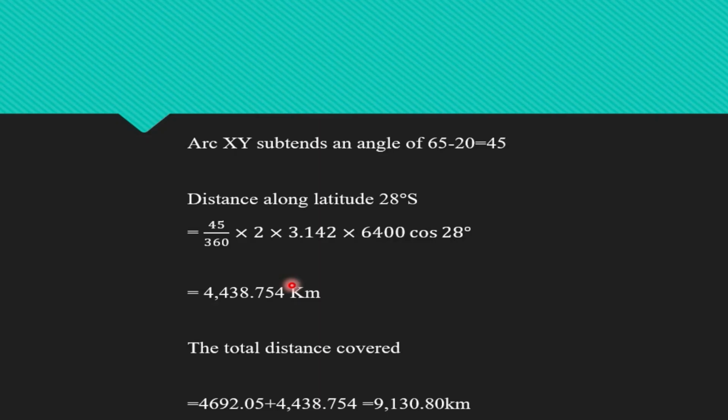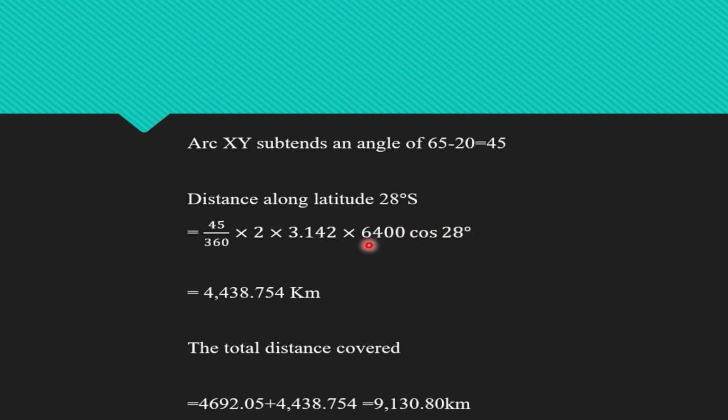So now the arc on the circle, XY, subtends an angle, which, because they are on the same latitude, we subtract: 65 minus 20, and I get 45. Now the distance along latitude 28 degrees south is given as the angle found here over 360 times 2 pi r, where r is big R cos beta, the small r.